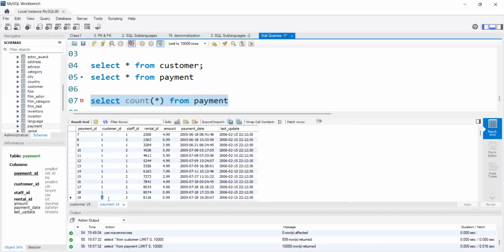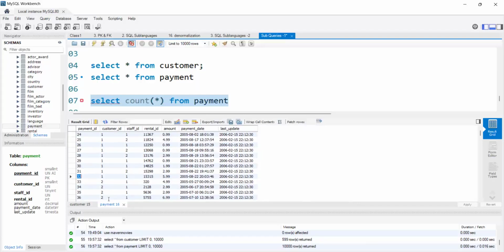If I go down, up to here I have only customer id 1 transaction details. That means customer id 1 did 32 transactions, that is 32 times he paid some amount in this database. If we see the output, we can understand that.